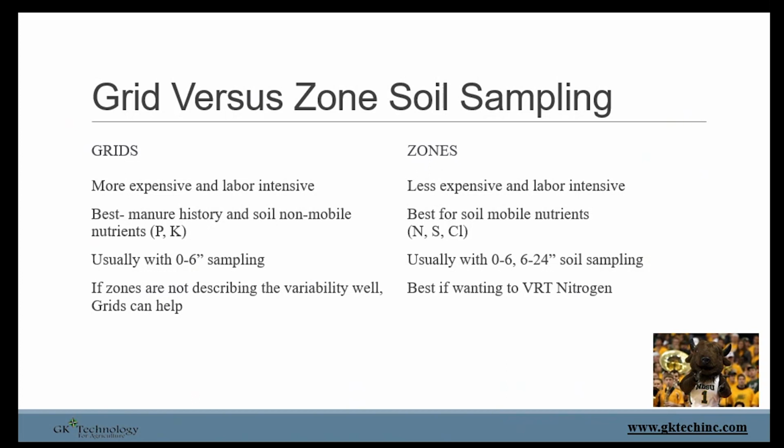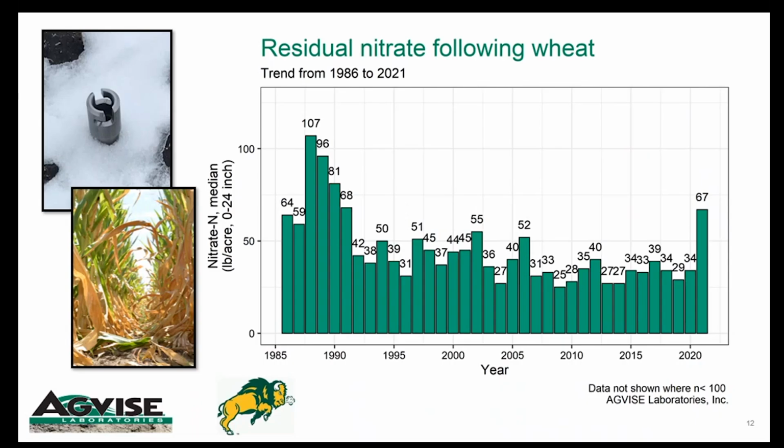Those are your mobile nutrients. And by the way, one of the big differences between grids and zones dealing with geography is that the Corn Belt states, by and far and away, have usually done more grids than we have zones, but they don't value their nitrogen test like we do here, for a couple of reasons.